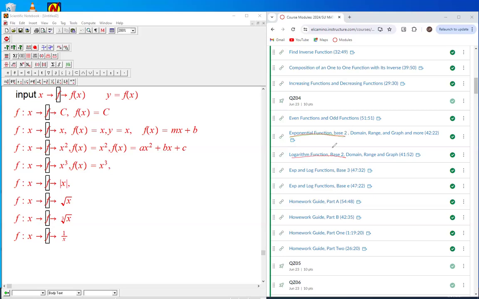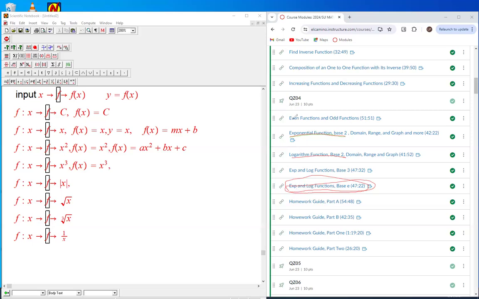Domain, range, one's domain is the other's range. And exponential and log base 3 and base e. Base e is the ultimate one we want to get to, because in calculus, you pretty much only use exponential and logarithm functions with base e, that is, the natural logarithm and e to the power x.